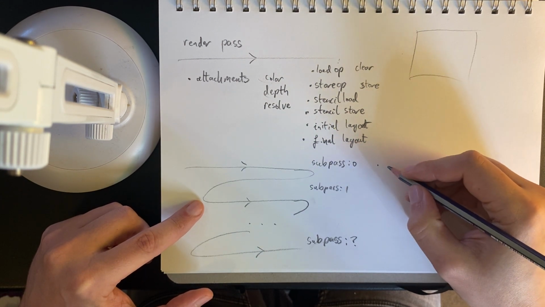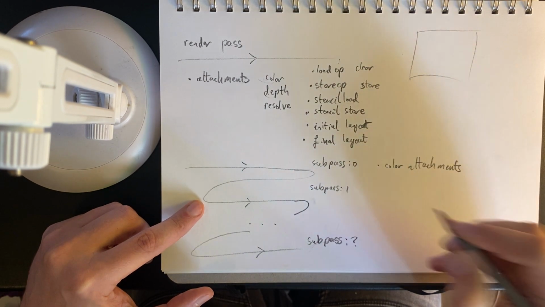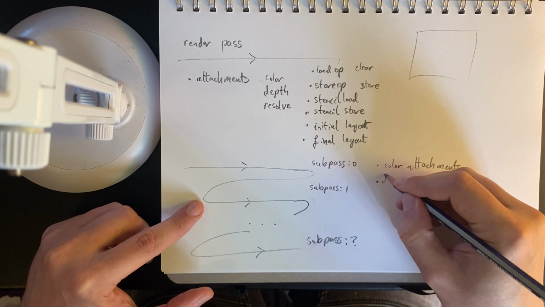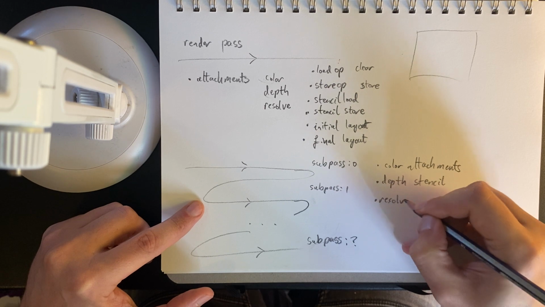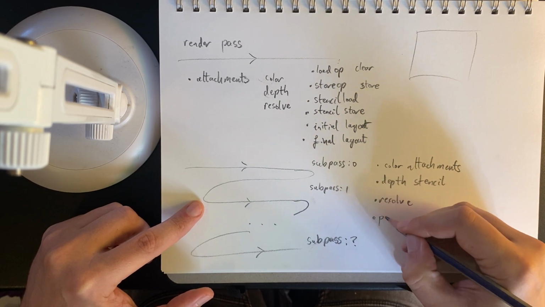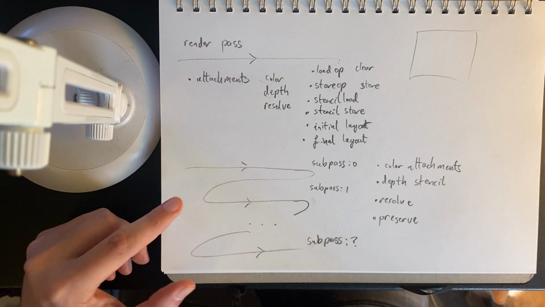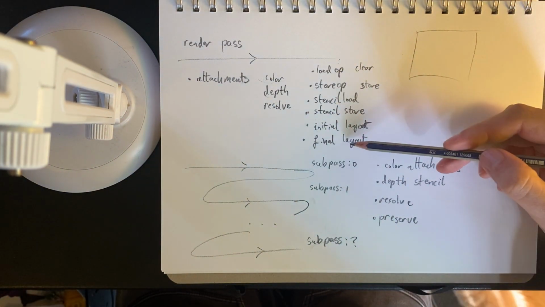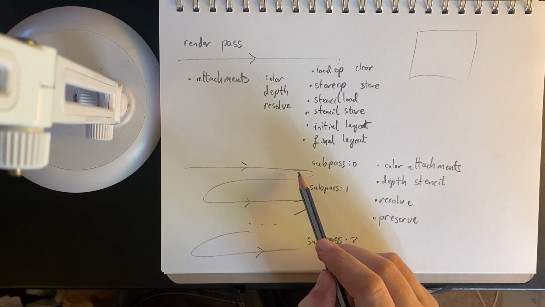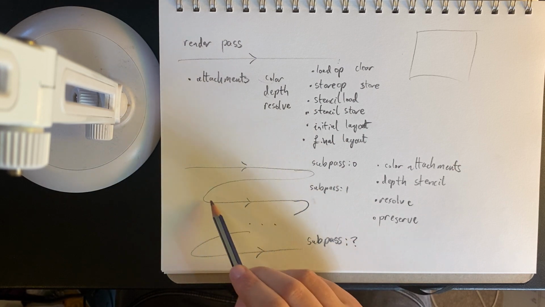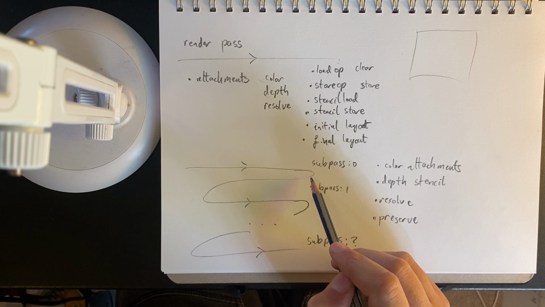So what do we have? These are just some examples of attachments we can have. We can have color attachments, depth stencil attachments, resolve, and preserve attachments. Now, this might seem a little strange, right? Because we've got these here as well. But think about it: attachments are sort of attachments which come from the previous subpass.